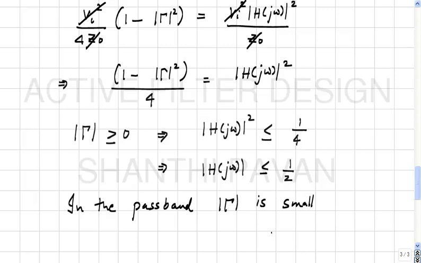It's becoming smaller and smaller, which means that the power being dissipated in the load is also becoming smaller and smaller, which means that, what can you say about the reflection coefficient?